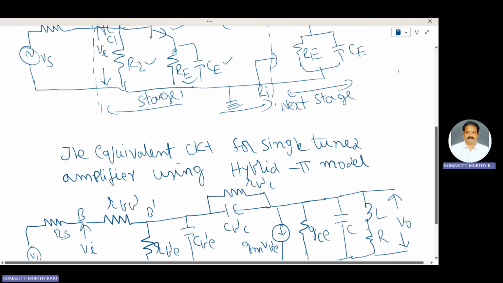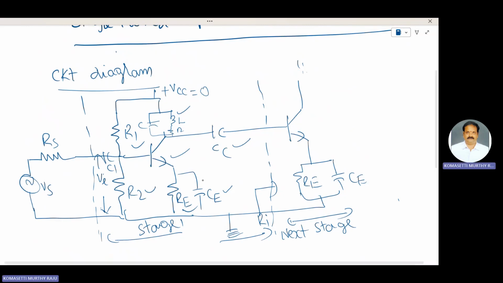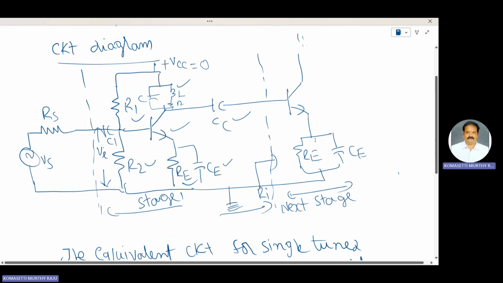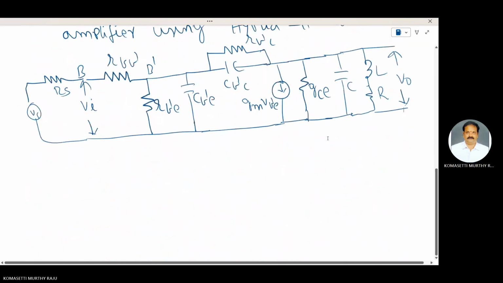Output V0. The output across this tuned circuit is coupled to the next stage through this coupling capacitor CC. That is the reason it is called a single tuned capacitor coupled tuned amplifier.